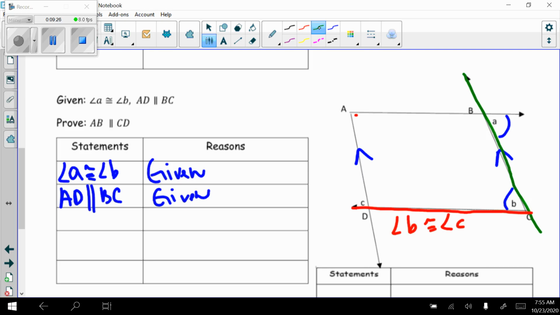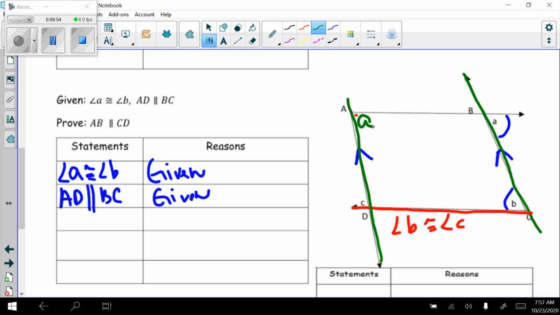If I know that AD and BC are parallel, so I said I could go off of this green line over here as a transversal, but I could also go off of this line as a transversal. Angle A up here is corresponding. This would also be an angle A right here. It would be the same thing, right?